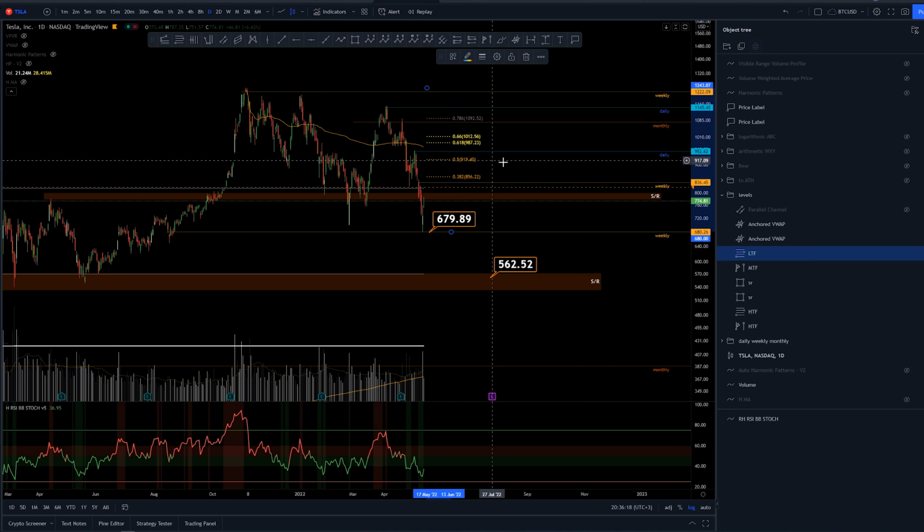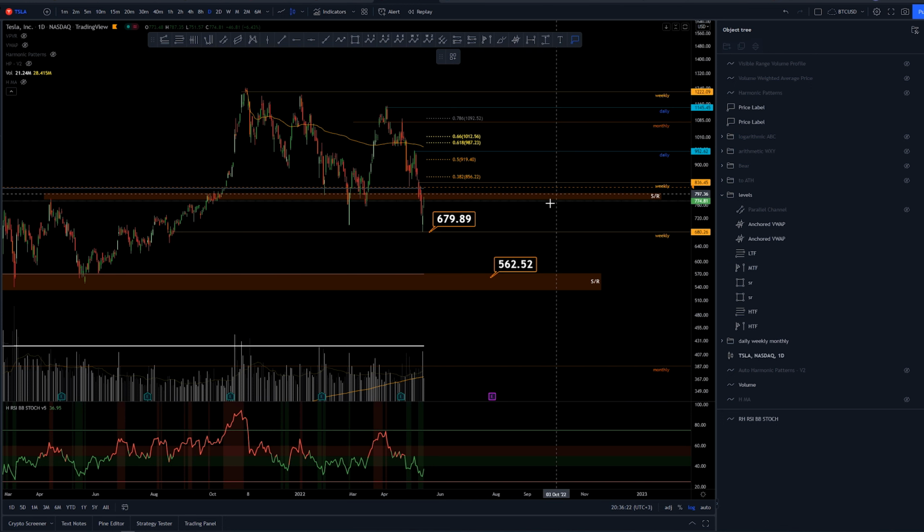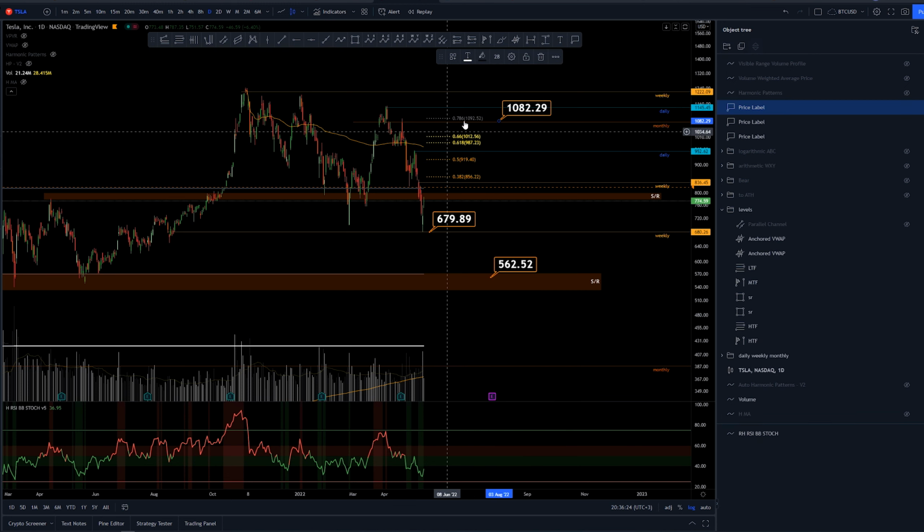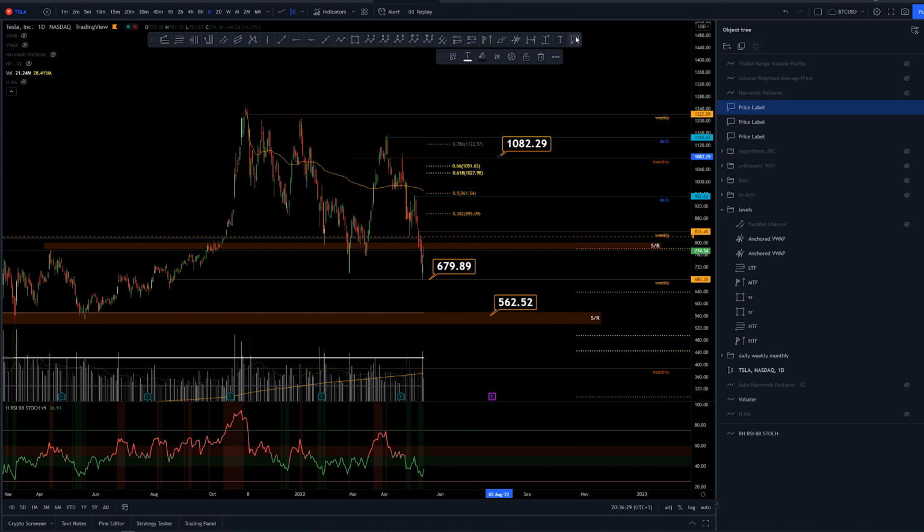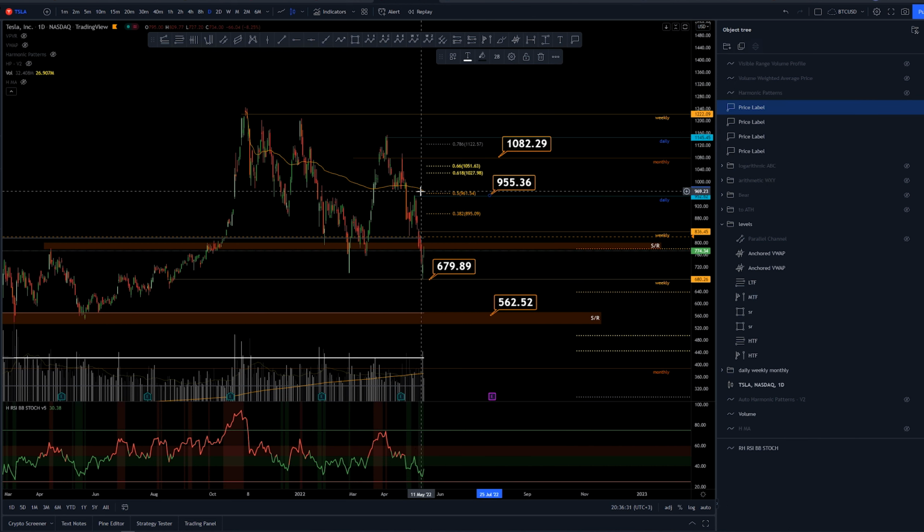We can see some interesting areas here. Nothing really lines up too well on logarithmic scale except this monthly and 0.786 retracement. On arithmetic we can see the 0.5 with the daily, and most likely this anchored VWAP coming towards this level as well, around $950.